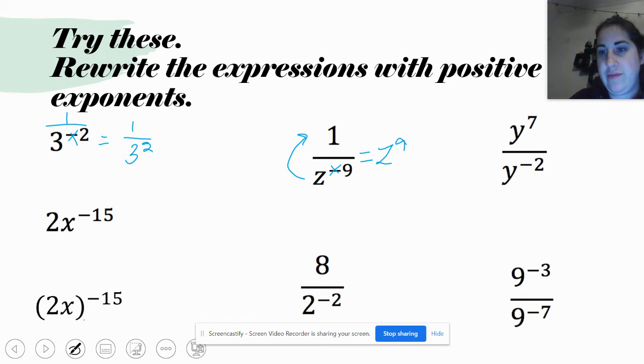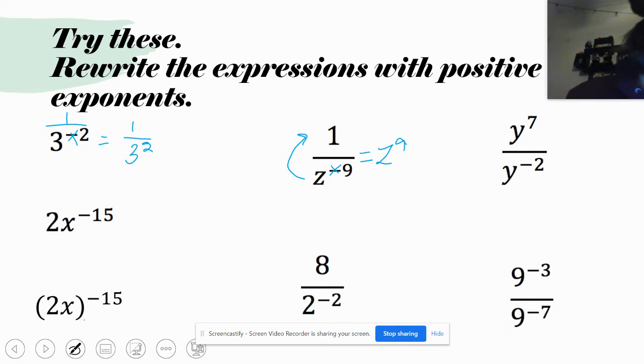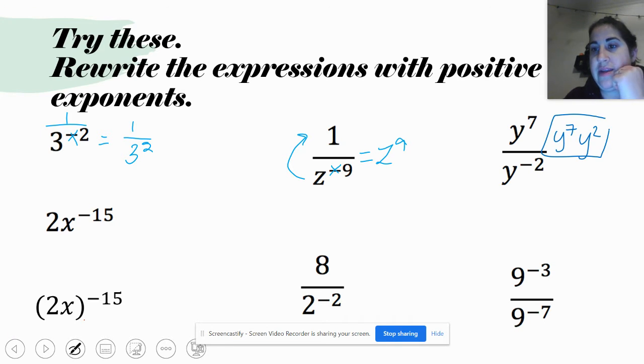If I separate this, it's y to the 7th times 1 over y to the negative 2, which turns into y to the 7th, and we're just going to move this y squared up top. So that is an expression with positive exponents. Now we can get a little bit further, which we'll talk about later.